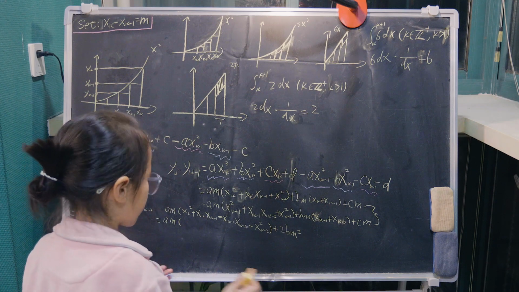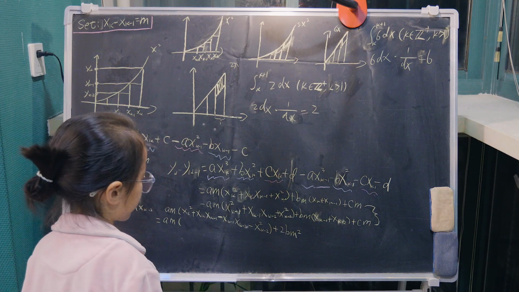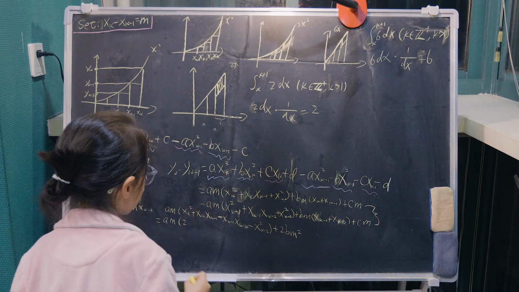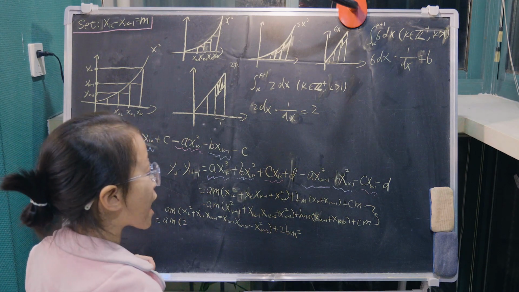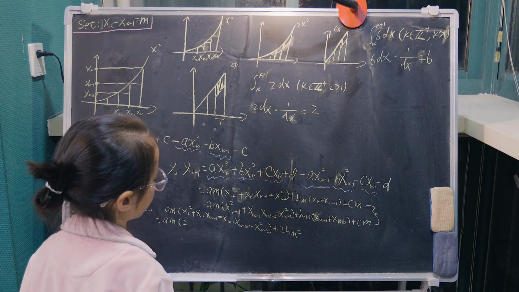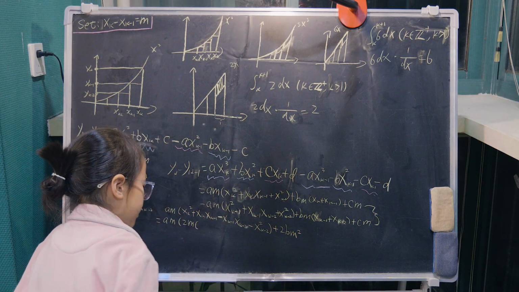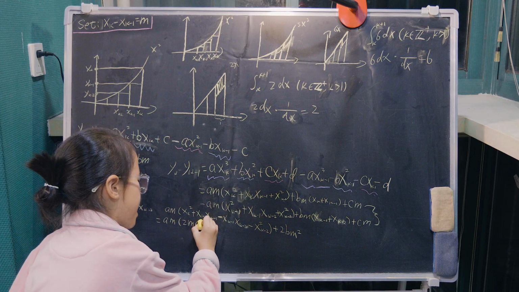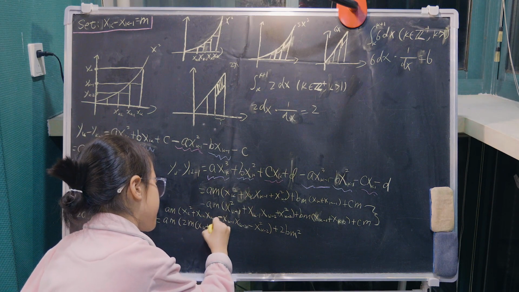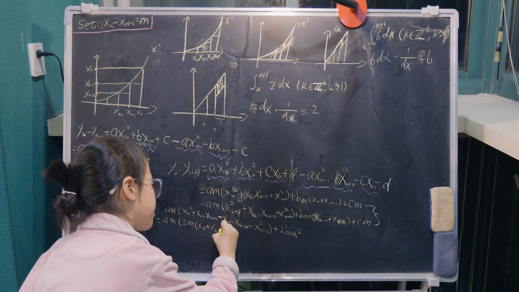And the minus part is 2m, right? Because it's xk minus xk minus 2, not xk minus 1. So that's 2m, and then times bracket xk plus xk minus 2.